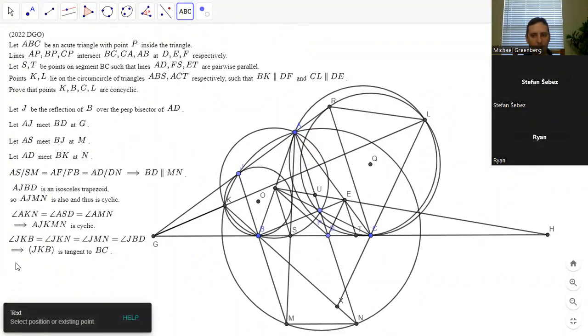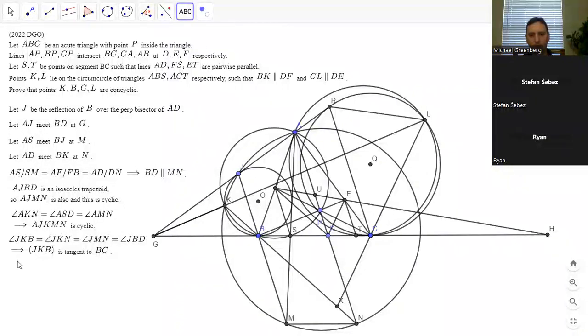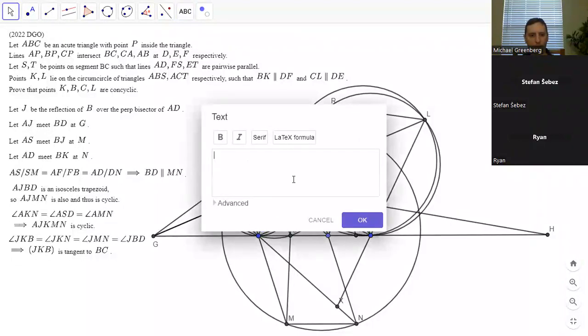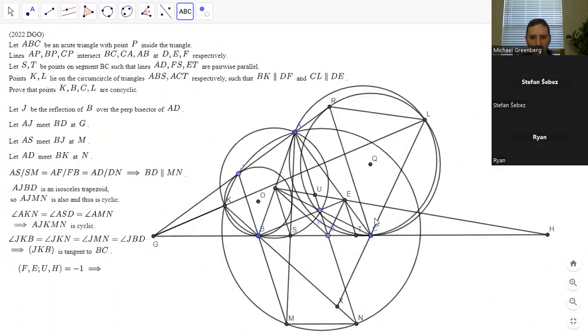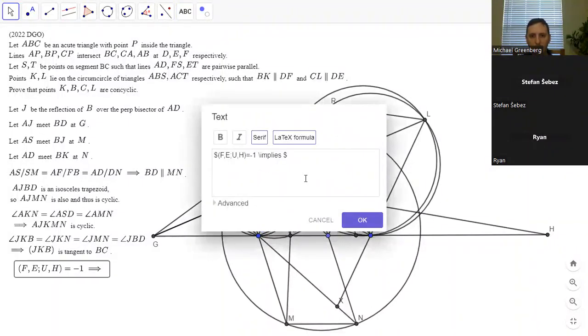I think for this part, the key step was you mentioning trig Ceva. Okay, so FEUH is harmonic, and that means that STDH is harmonic.